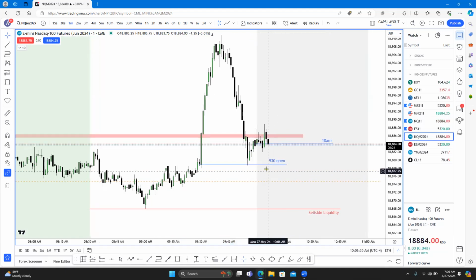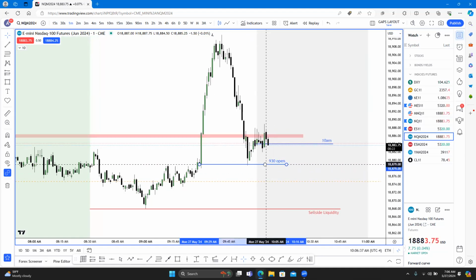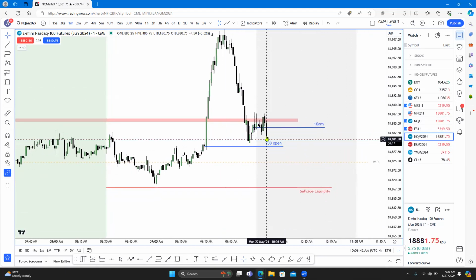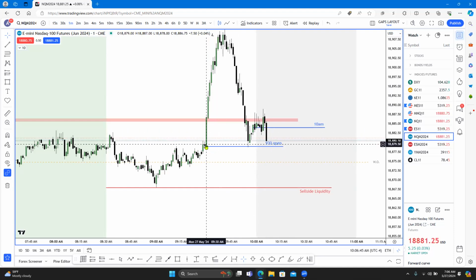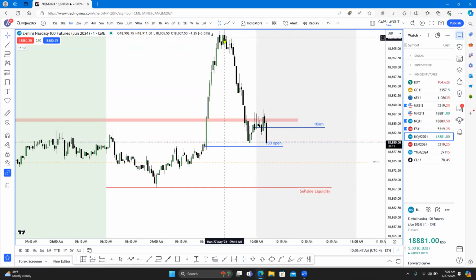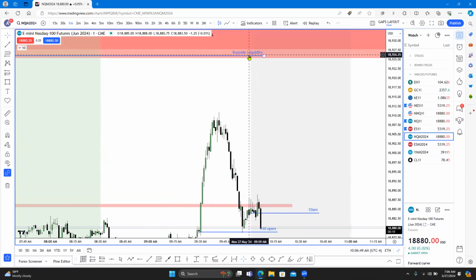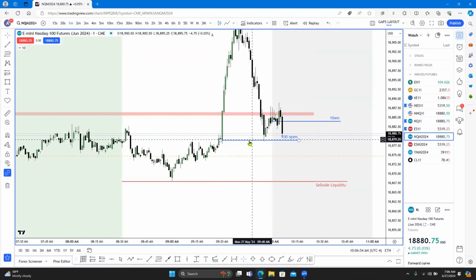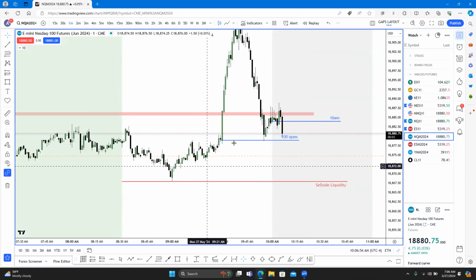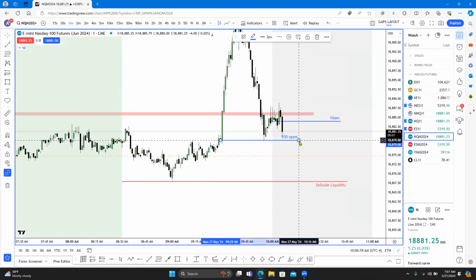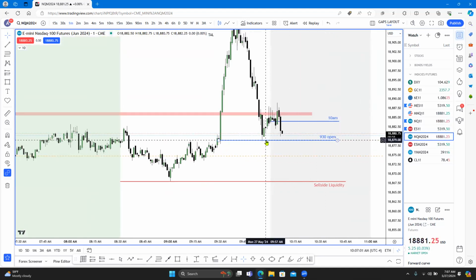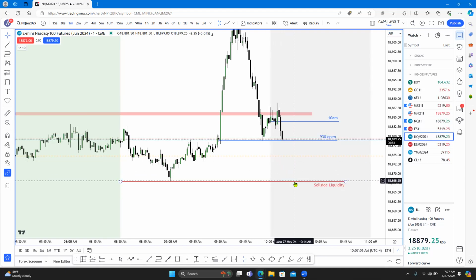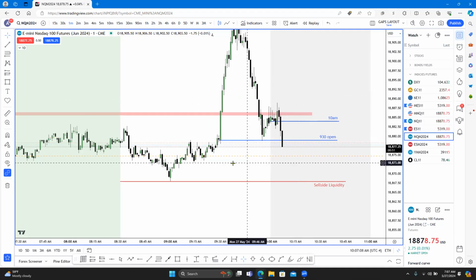So if we're anticipating higher prices, probably want to see this, yeah, a sweep, right? Because the open was bullish. So it's heading towards our anticipated direction. So we want to get some sort of sell side liquidity taken first, and then show signs of going higher.